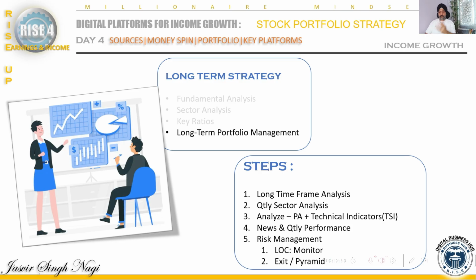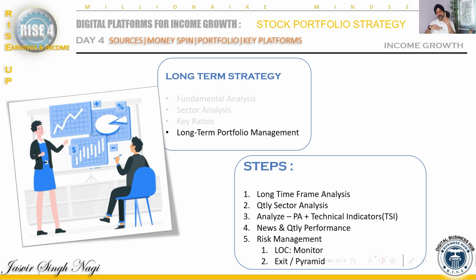Then news and quarterly performance, we discussed this, and risk management. The stop loss that exists should be very prominently in place, unless I told you the reasons why you should move it down or up accordingly. And then you monitor the LOC mentioned here, which is a stop loss, meaning the line of control, which you can manage accordingly, either to reverse pyramid to get out in sequential steps, or check that as a reversal mode.